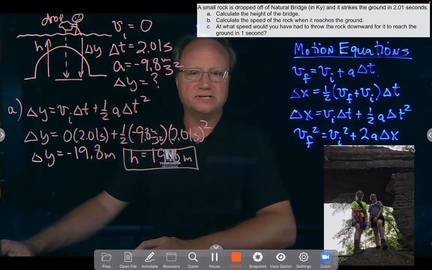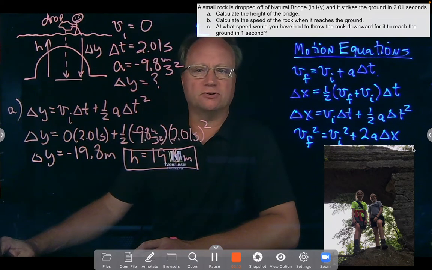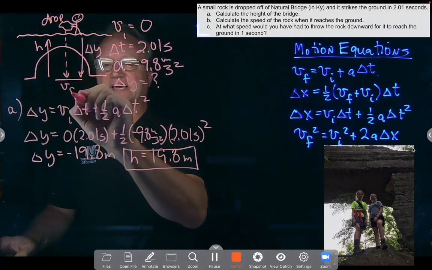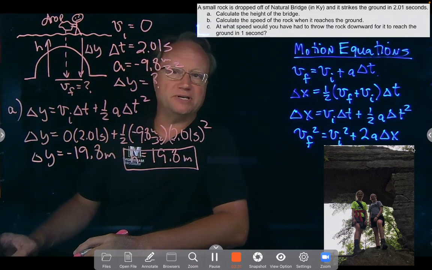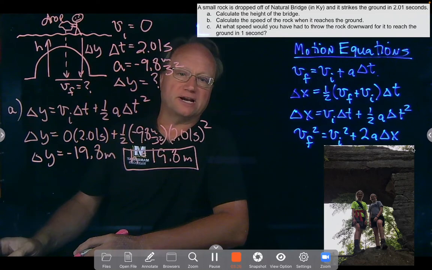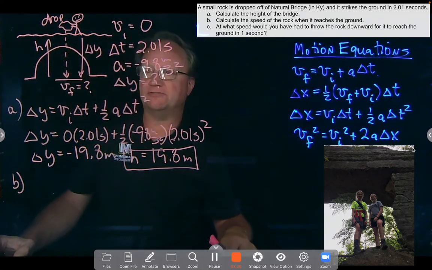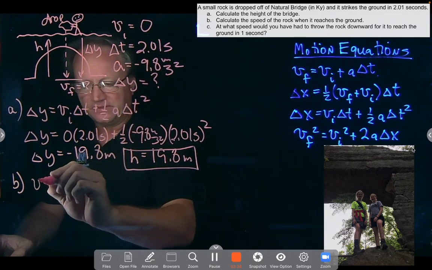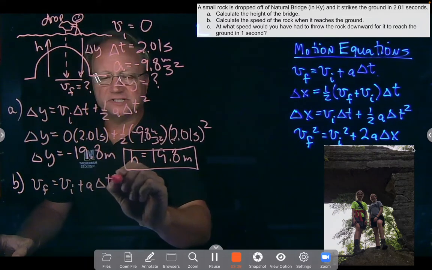Now, in part B, calculate the speed of the rock when it reaches the ground. So our interval is the same. We just want to know what vf is down here at the end of the interval, so that means when it's finished free falling, before it strikes the ground. So finding vf, we just need a different motion equation. Looks like we have enough to use the first one. vf is equal to vi plus a delta t.